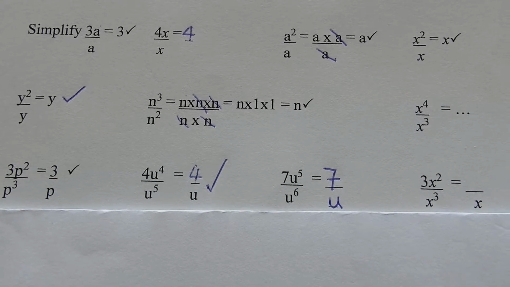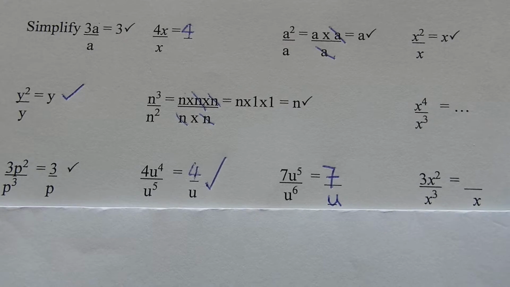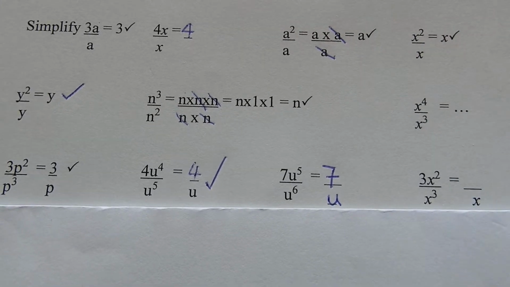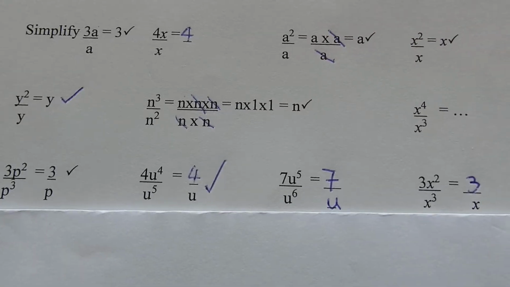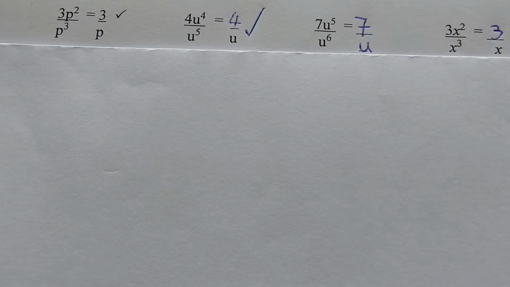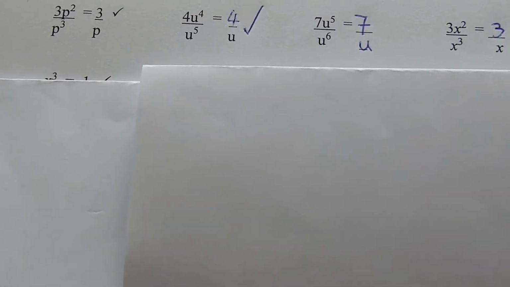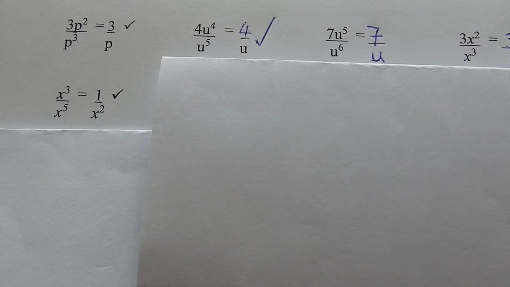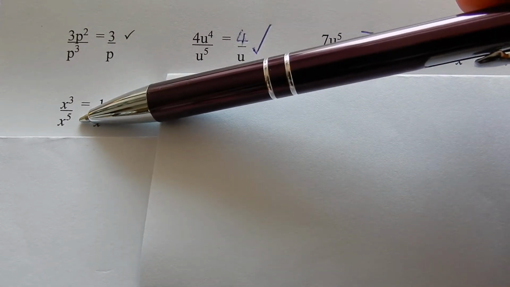3x squared divided by x cubed. Now we've got the x in the answer already because there is one more x on the bottom than there is on the top. And that's going to be the 3. Cool. Moving down, moving down, moving down. Putting my marker across. Whee! Yep. Here we go. Now we've got 2 more x's on the bottom.